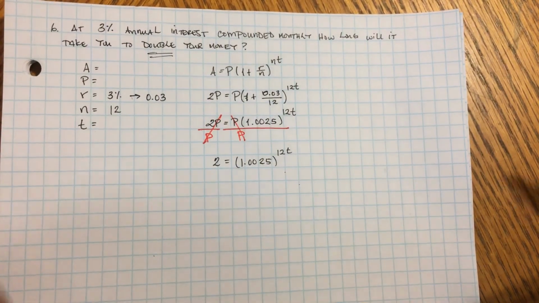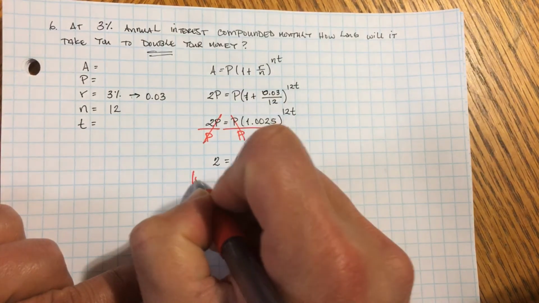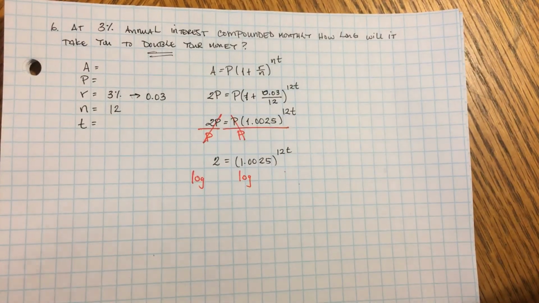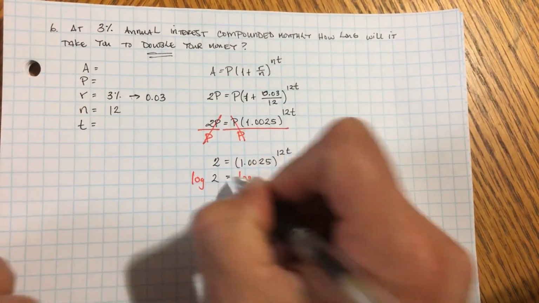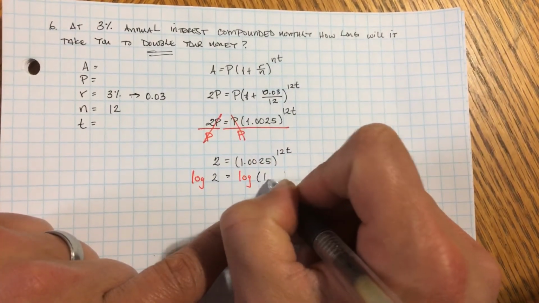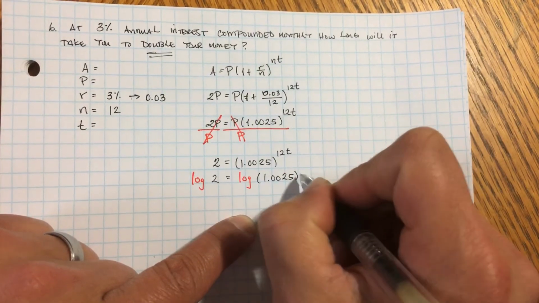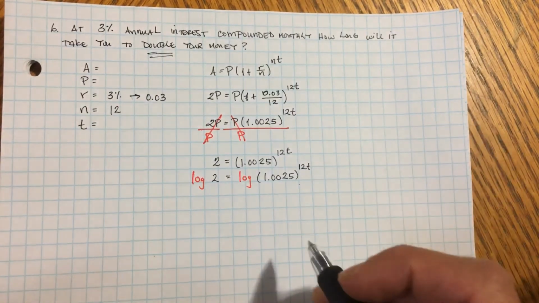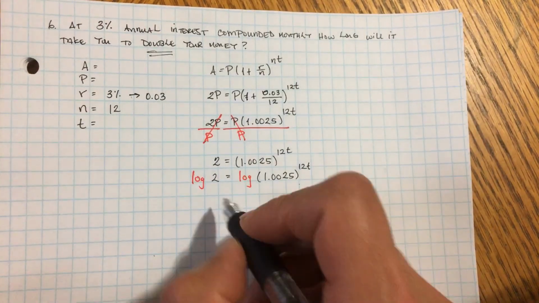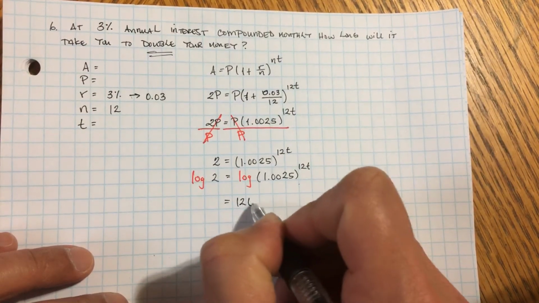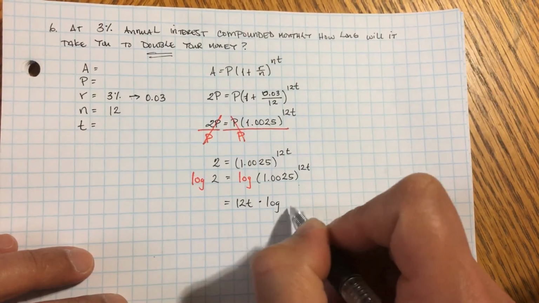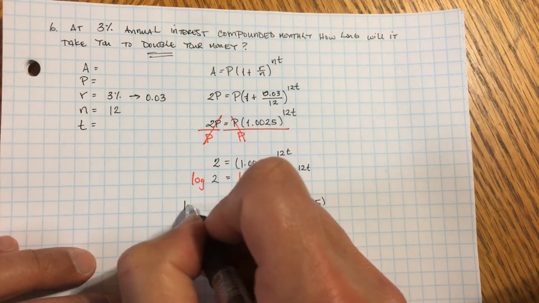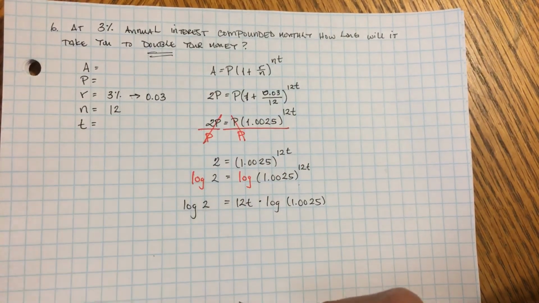Well, what do you do now? You're going to take the log on both sides. So log of 2, and then log of 1.0025 to the 12t. Now with the power property, you can bring it down, and you have 12t times log of 1.0025, and same thing on the left, log of 2.